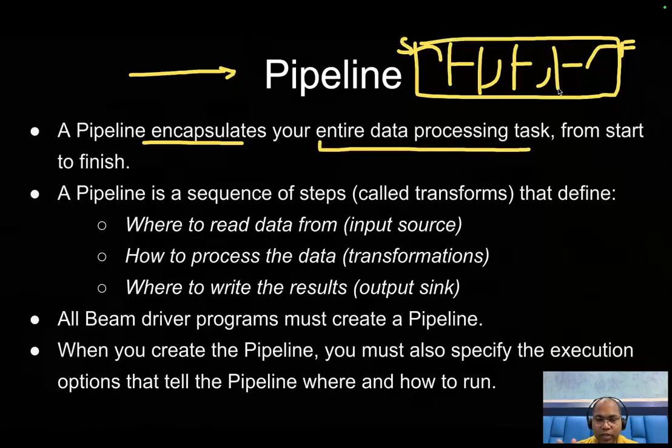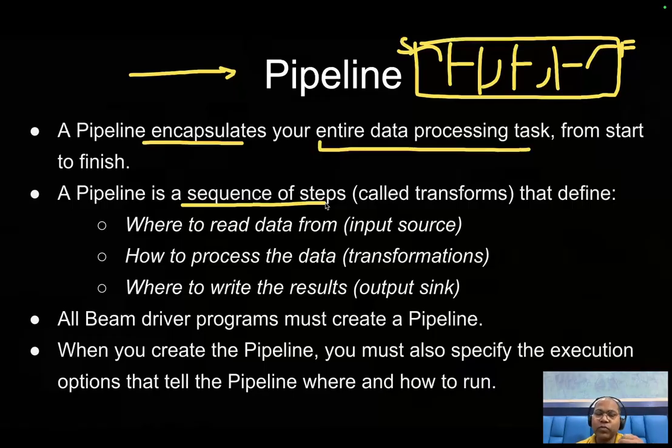Multiple tasks can be combined from start to end in a particular sequence order. So you can consider a pipeline a sequence of steps, because whenever you plan to do data processing as a business requirement, you know first I am going to do this, and this.